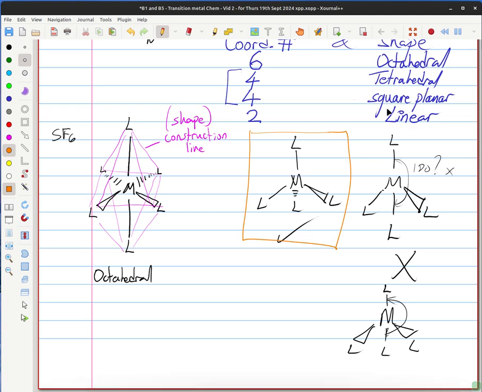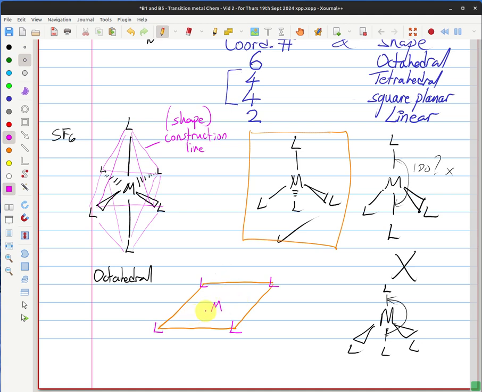Okay, what about the square planar? Well, as the name indicates, it's a planar molecule, and it's actually in the shape of a square. So I'm just going to draw this outside box just as a guideline. So we have a ligand on each corner of the square, and in the center of the square we have our metal.